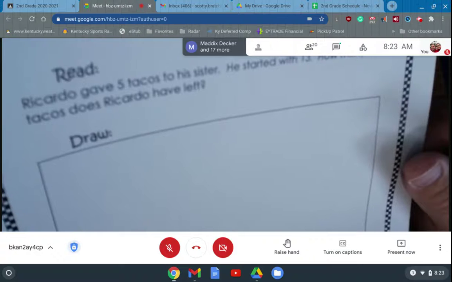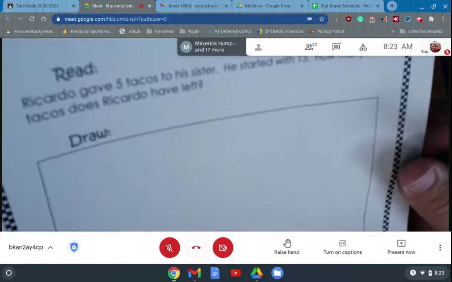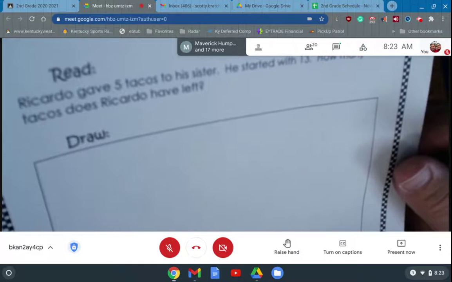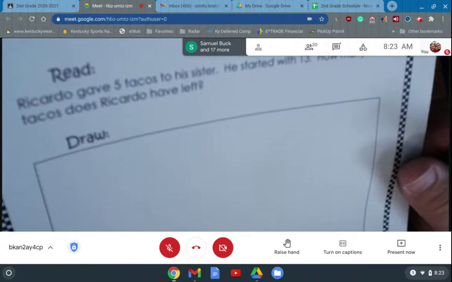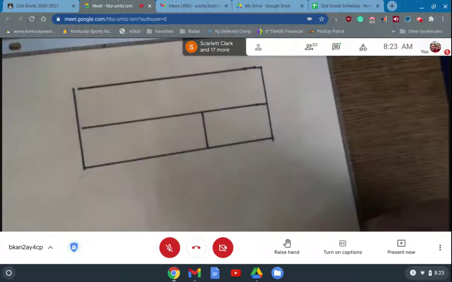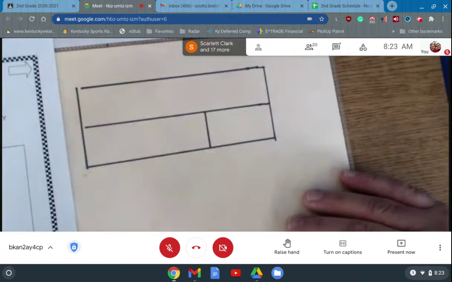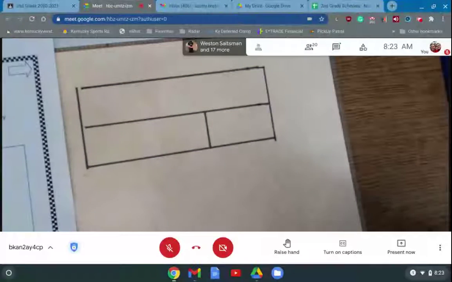Ricardo gave 5 tacos to his sister. He started with 13. How many tacos does Ricardo have now? Or does he have left? All right. So now we're going to fill out our model. All right. Who can tell me how many tacos Ricardo started with?